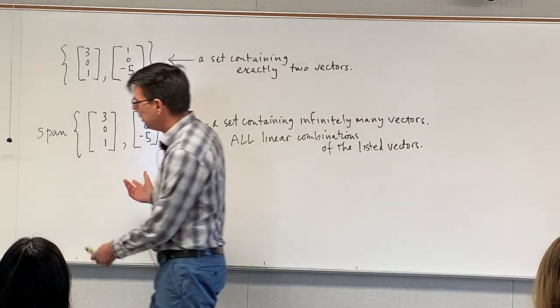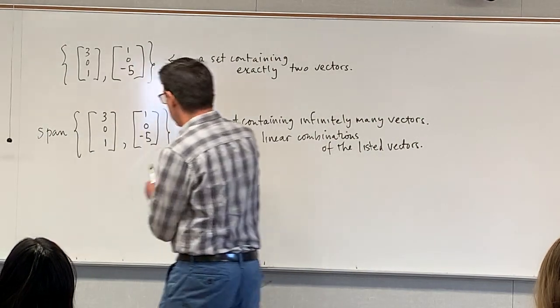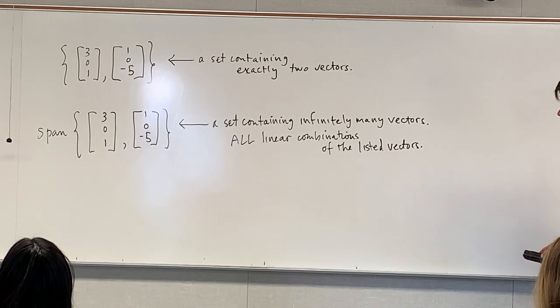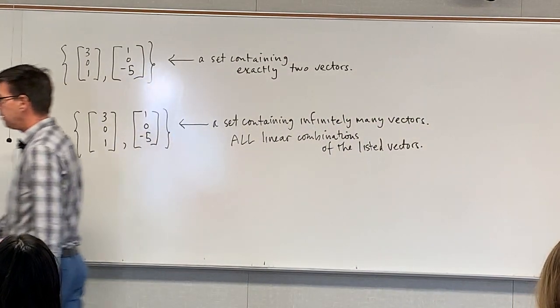So it's everything you can get by choosing any real number value of a and any real number value of b. So that's why it's a subspace, it's an infinite subset. Sometimes people are a little bit unclear on the meaning of span, so it's worth reiterating that here.